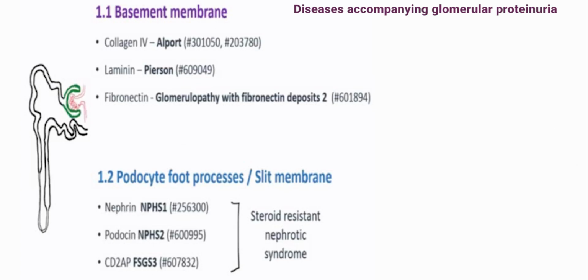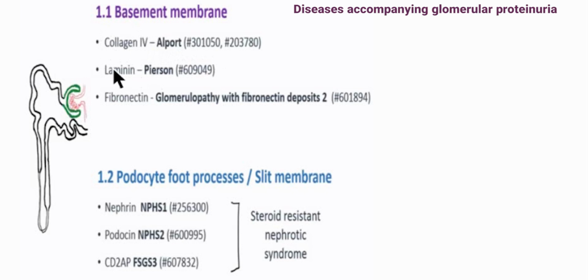You see the basement membrane diseases and the podocyte foot processes diseases. This part of the nephron, the glomerulus, can suffer from problems of collagen structure, collagen 4 problems. It's Alport disease, an inherited disease, followed by connective tissue problems, and it is followed by proteinuria.